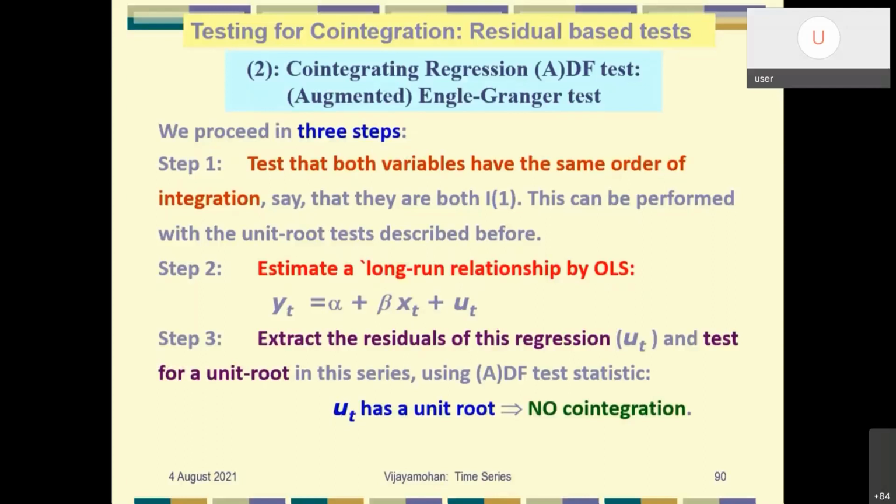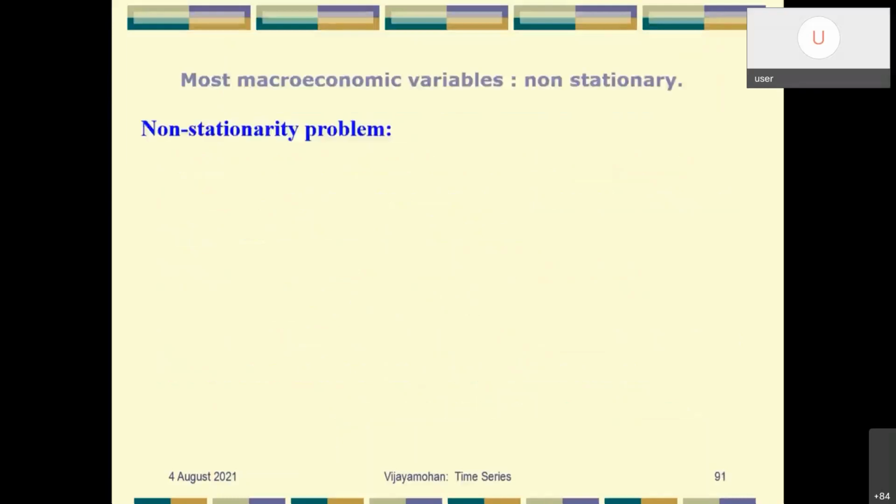If there is no unit root in the residuals, then we have the case of cointegration. So this is how we do the residual based tests. So here I am ending the discussion. The JJ test and all other things I shall show you during the workshop. Thank you. Any questions from this?